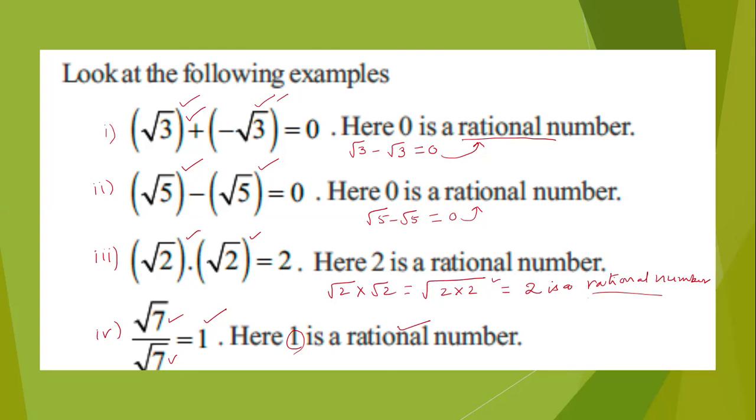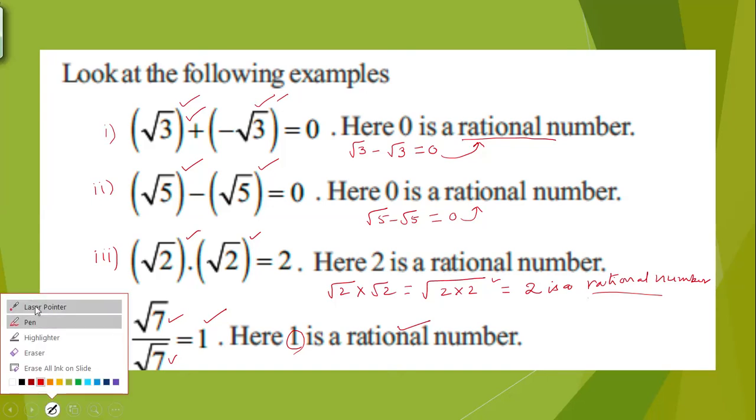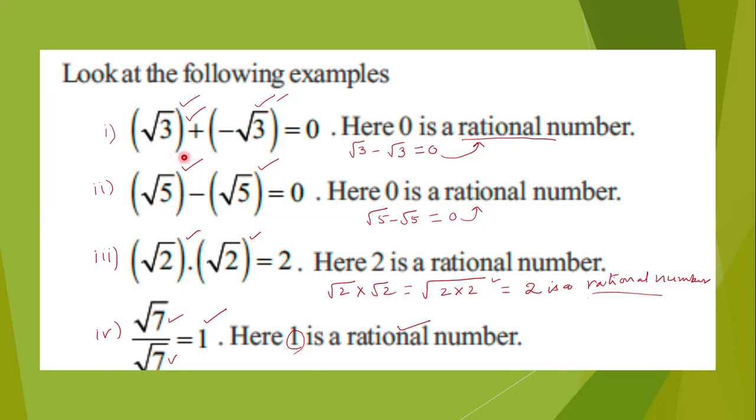And in the same way, root 5 minus root 5, an irrational minus an irrational, what we get? Again we get a rational number. So it is not compulsory that an irrational minus an irrational is equal to an irrational. Here in this example we get a rational.